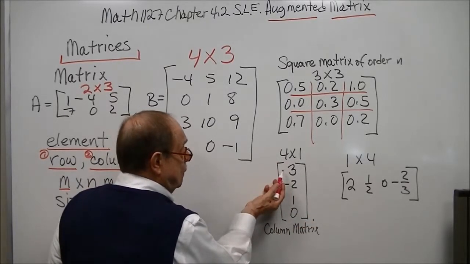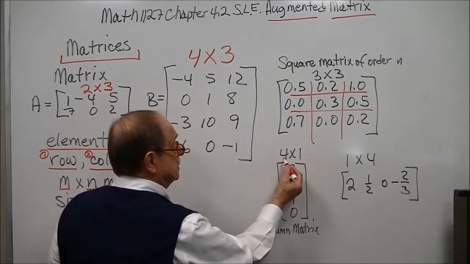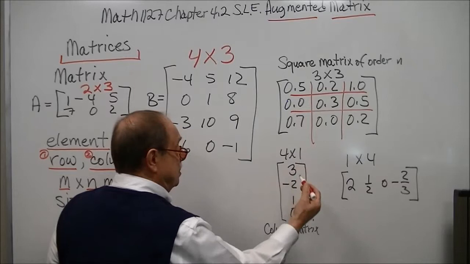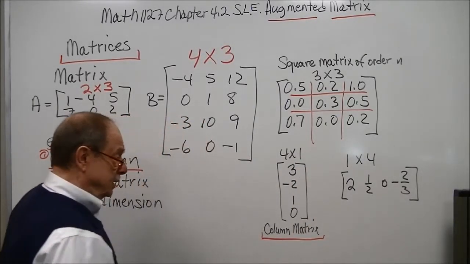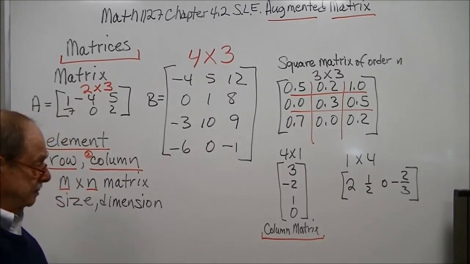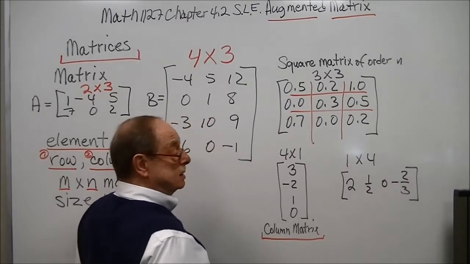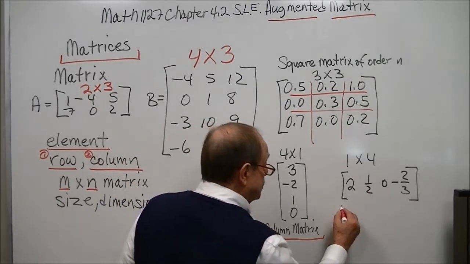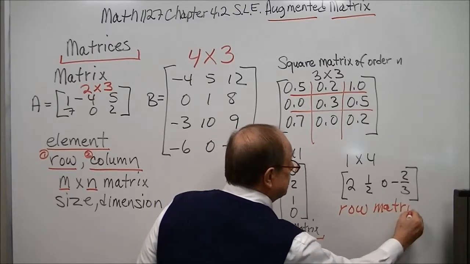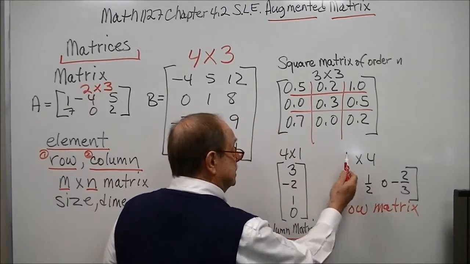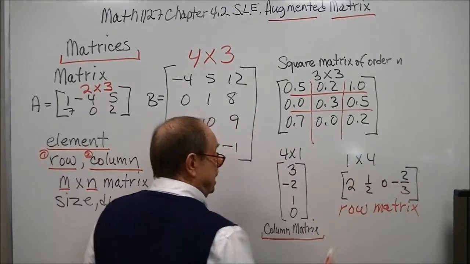So there are 4 rows but 1 column. So this is a 4 by 1 matrix. Another name for this is a column matrix. And this one, what do you think this one's called? A row matrix. And it's one row, 4 columns, a 1 by 4.